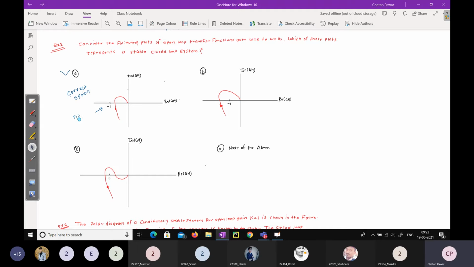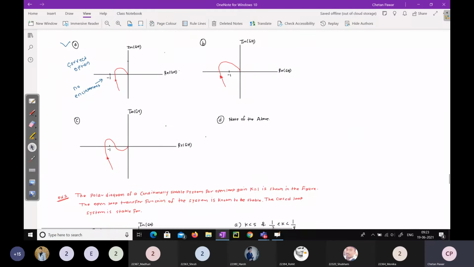No enclosement. Okay, so you understood how to determine the stability using the Nyquist plot, polar plot.